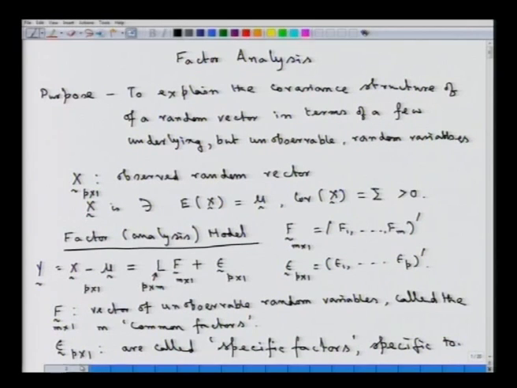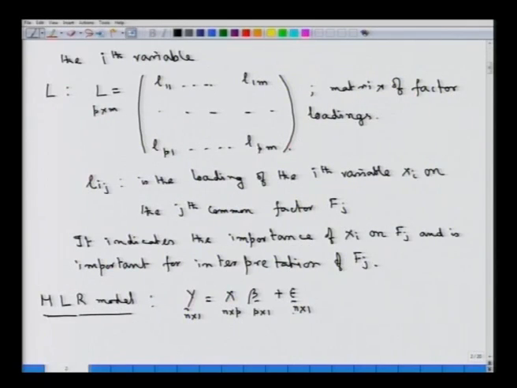So what is the difference between the factor analysis model and the multiple linear regression model? The difference is that in the multiple linear regression model, x gives the values of independent random variables which are observable, and beta is the vector of constants which are to be determined through the model.